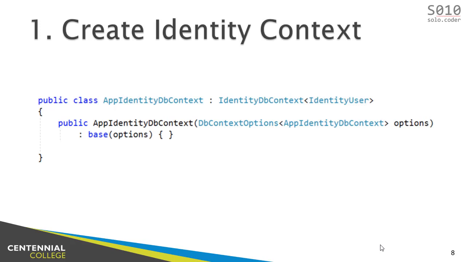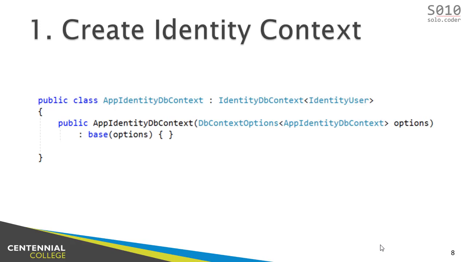But with the app identity context, this is, again, the context, the bridge to the database. We have a very similar context as we had initially for the products. Now we have one for the identity database. Again, a minor difference is that we are using the identity DB context instead of just a DB context, okay?